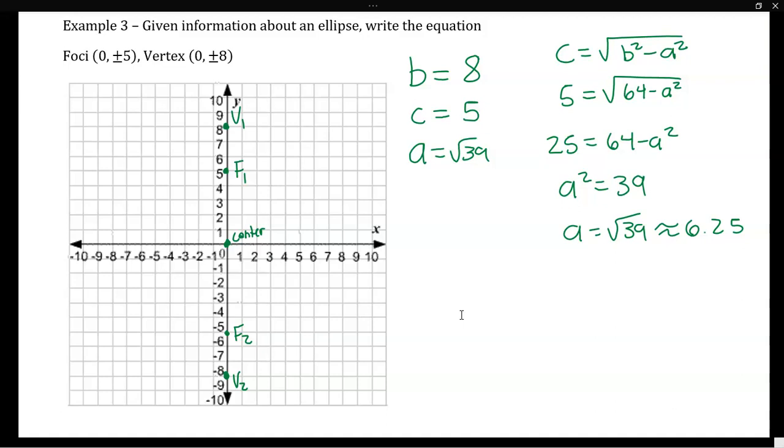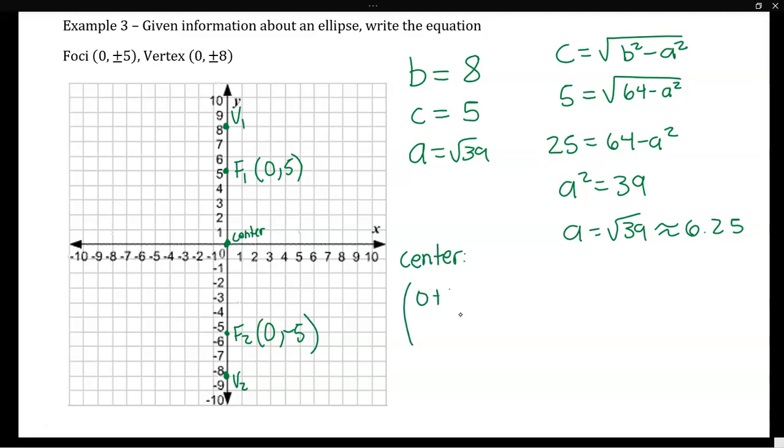Let's see. So we're going to have our center. Now our center is just the midpoint of our foci. So one focus point has a coordinate of 0, 5. The other one has a coordinate of 0, negative 5. So the center is the midpoint of that.